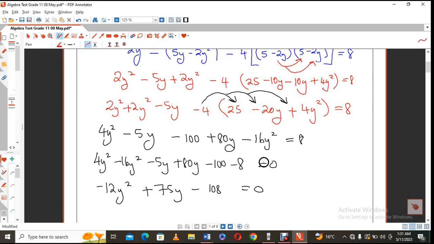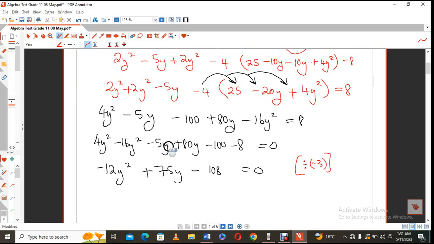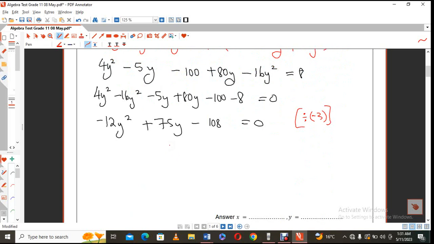So it becomes a quadratic equation. But before I do anything, I am going to divide throughout by negative 3, because I want to simplify that equation. Whether I'm going to solve it by completing the square or using the quadratic formula, at least I should have it as simple as possible.